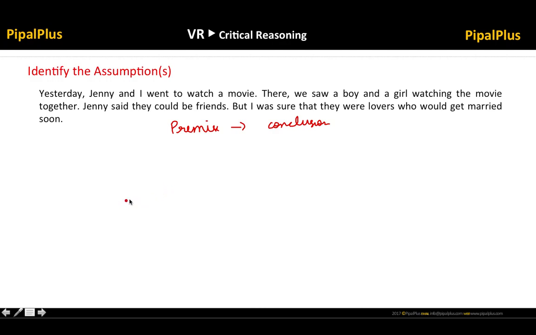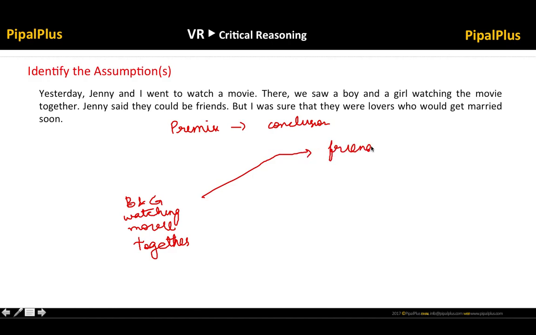To start with, the premise was a boy and girl watching a movie together, right? This premise was common for both Jenny and the speaker. From here, Jenny concluded they are friends, right? This is Jenny's conclusion.